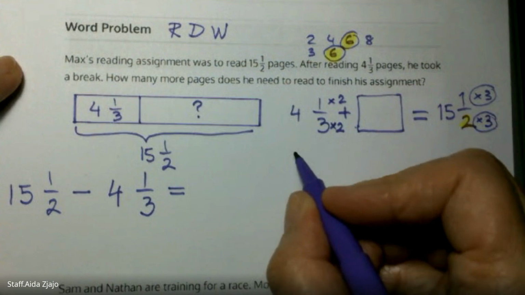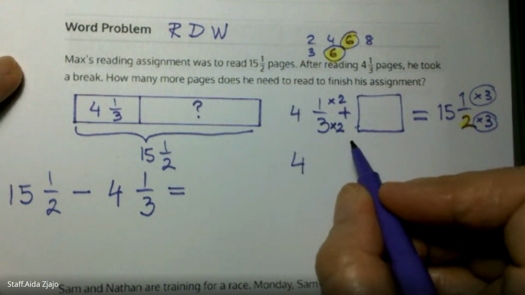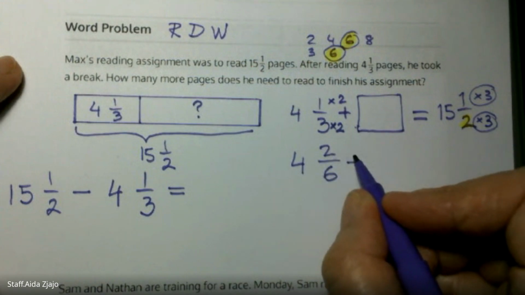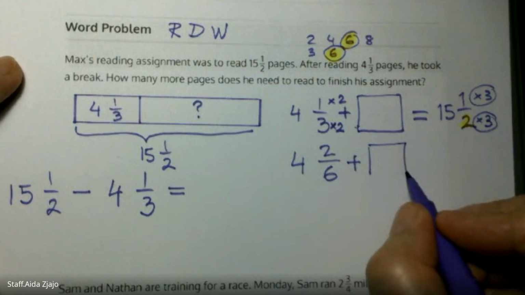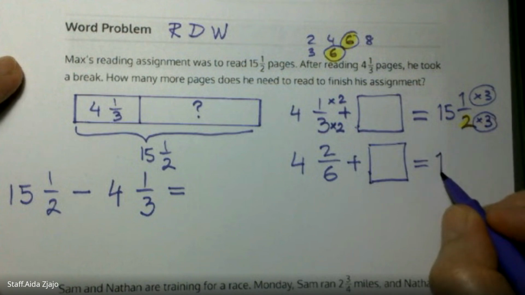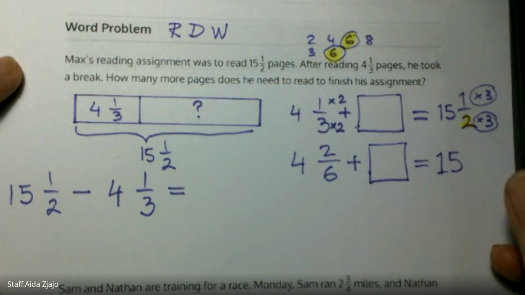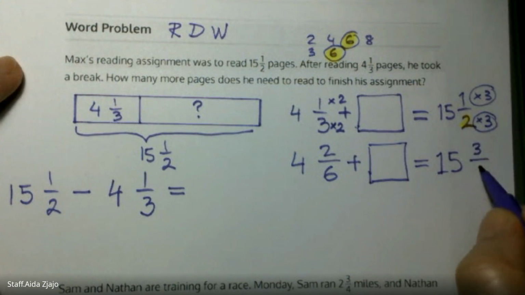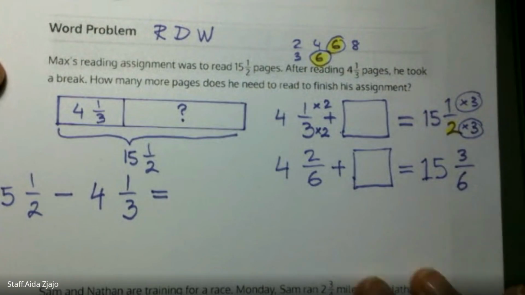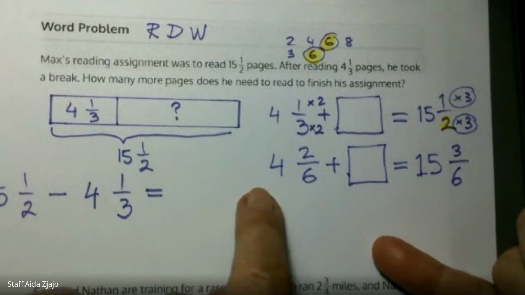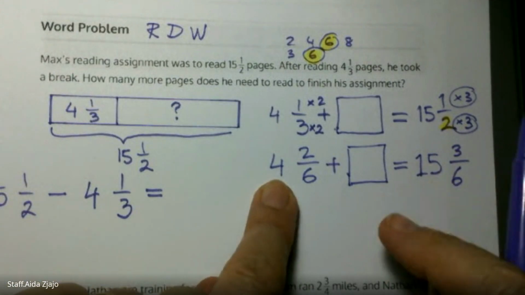When I change that, I will have 4 wholes and 2/6 plus some number must be the same as 15 wholes and 3/6.